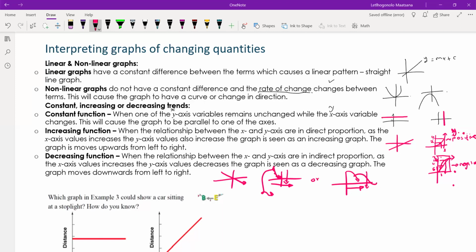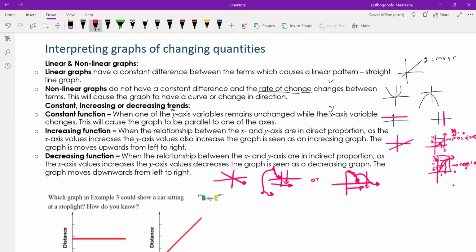Unlike this one here, where the rate at which your gradient is changing is increasing with time. So the lower you go, the higher the changes are between your y values from your previous values.